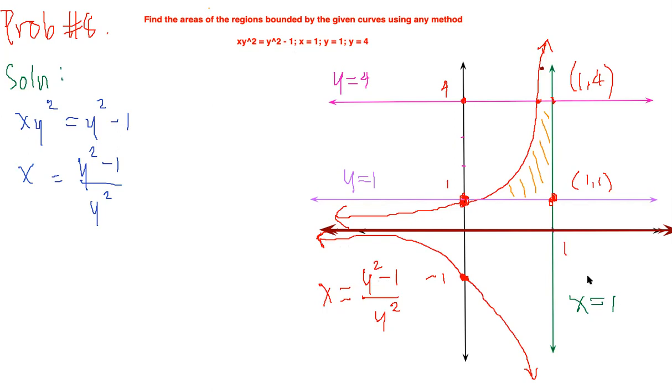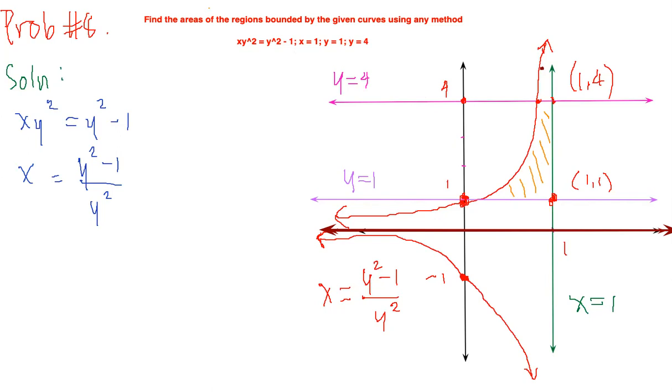The green one is x is equal to 1, the pink is y is equal to 4, and the purple is y is equal to 1. So the region of the curves is this, and this is what we're trying to solve, the area bounded by the given curves.